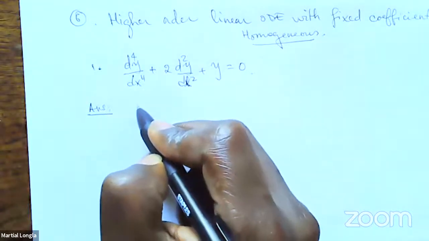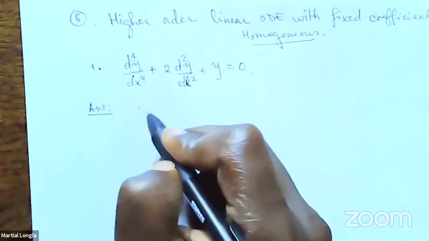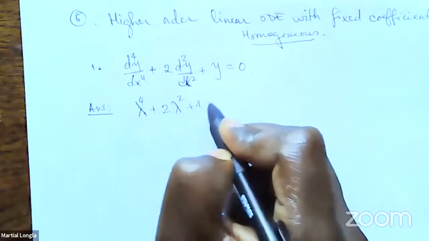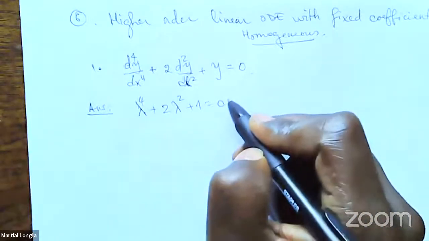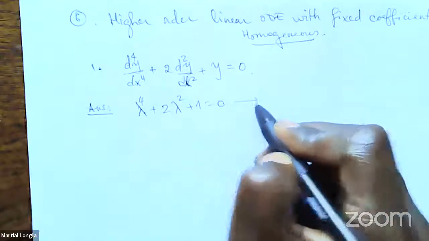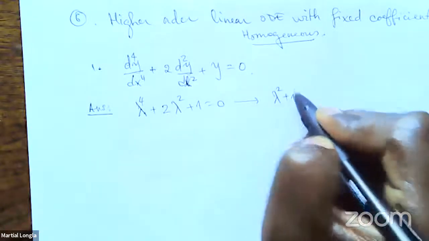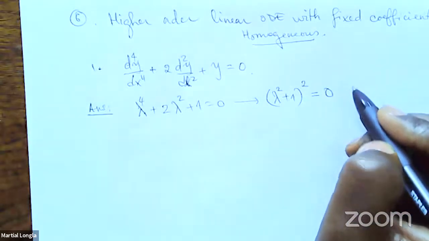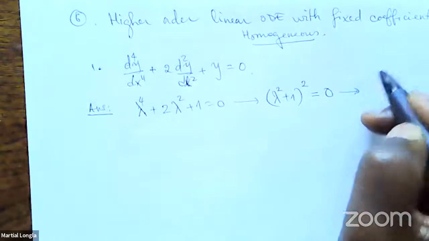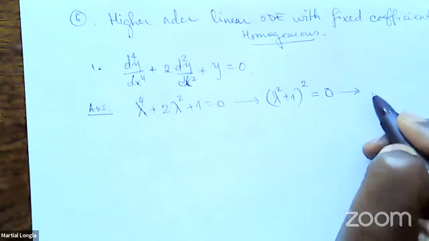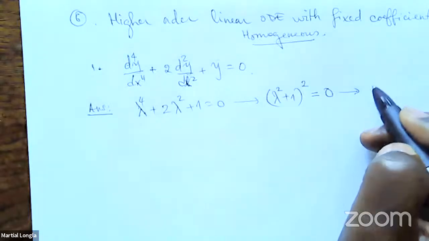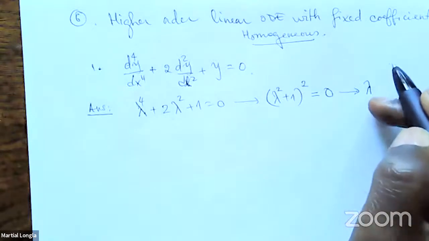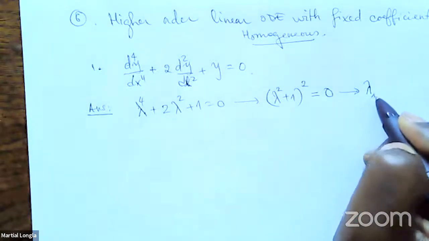So I rewrote it as lambda to the fourth plus 2 lambda squared plus 1 equals 0. And then that factors out to be lambda squared plus 1 squared equals 0, which means lambda 1, 2, 3, and 4 are going to equal plus or minus i, because lambda squared equals -1.